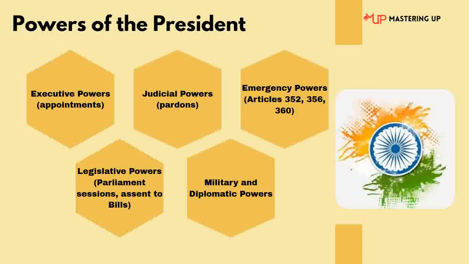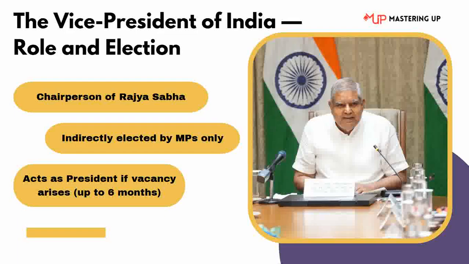Next in line is the Vice President, whose role is often less visible but quite important, especially in the legislative process. The Vice President is elected by members of both houses of Parliament. His primary role is as chairperson of the Rajya Sabha, ensuring smooth functioning of the upper house.